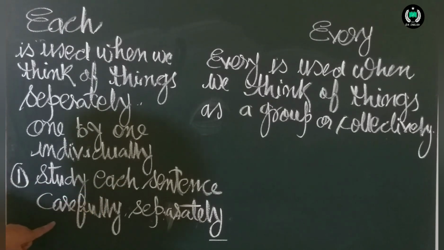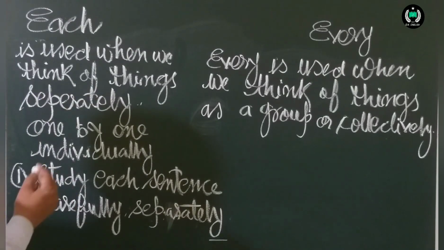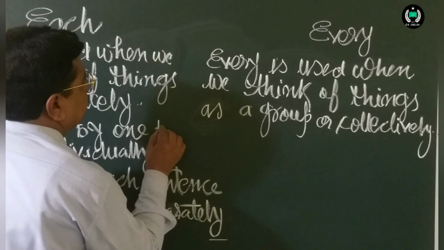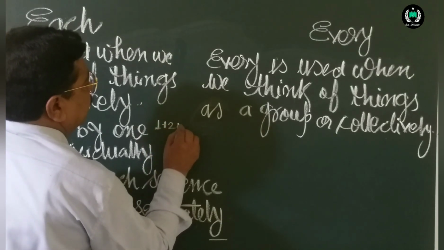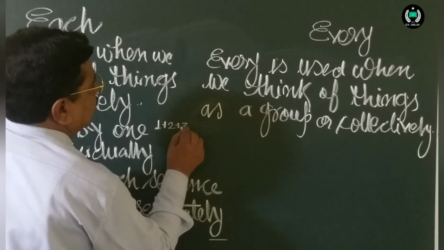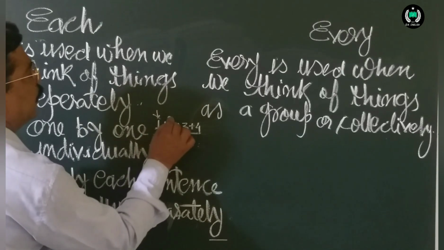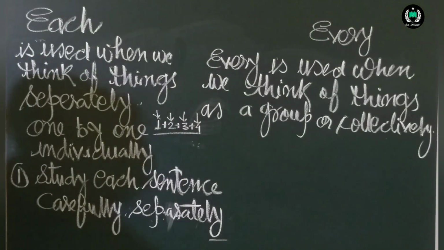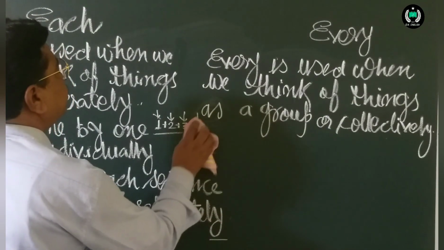Study each sentence carefully means separately, one by one. What I want to say is this: read the first sentence and then move on to the second sentence, then the third sentence, and then move on to the fourth sentence, like this. Each sentence, one by one, individually, separately. What do we use? Each.